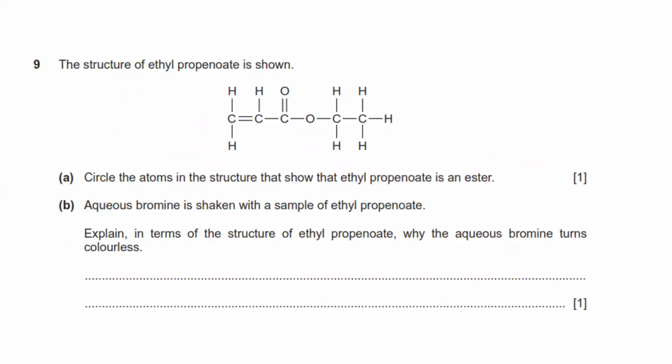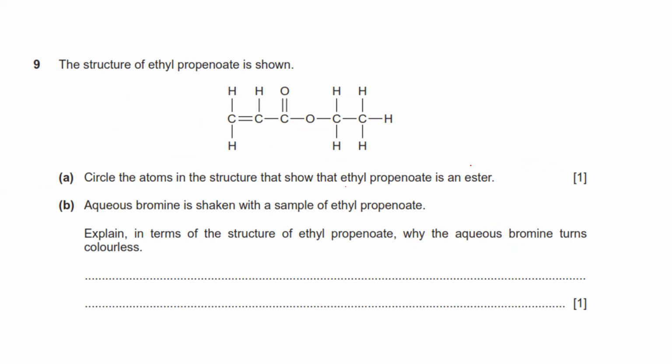So moving ahead, next question, or you can say the last question for this exam, question number 9. It gives us the structure of ethyl propanoate. And it says to circle the atoms in the structure that show ethyl propanoate is an ester.